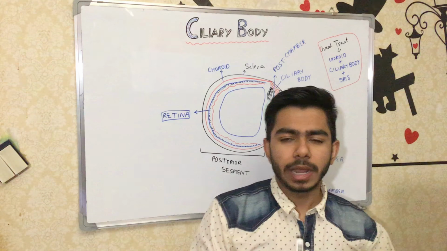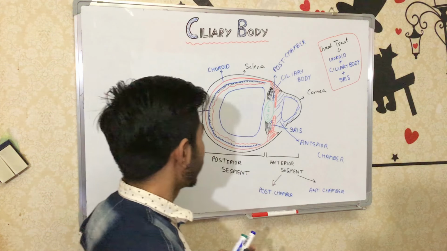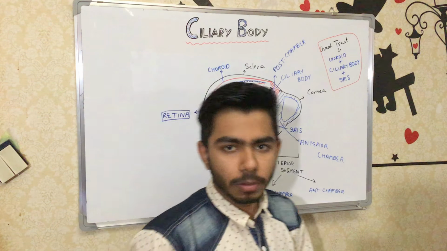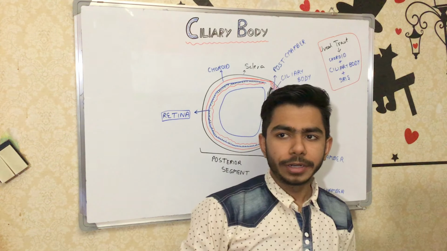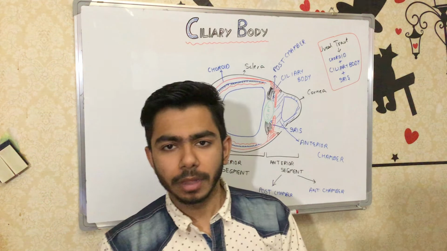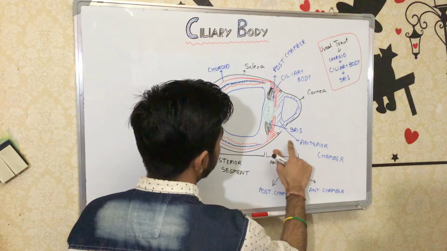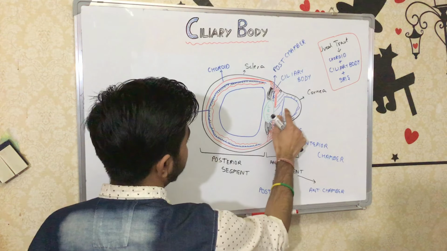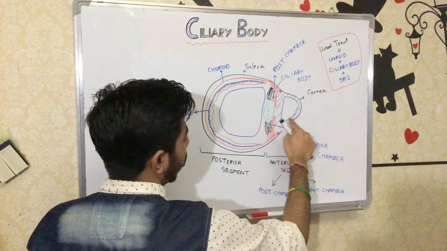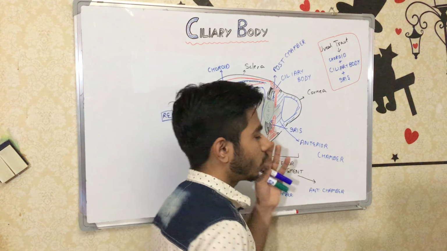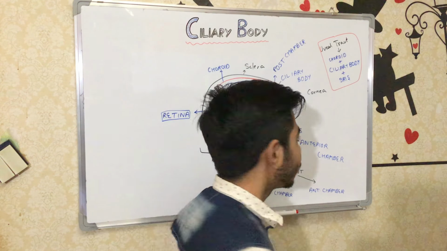Due to some obstruction, there is no drainage of the aqueous humor present in the anterior chamber of our eyeball. I have talked about glaucoma in my previous videos also.